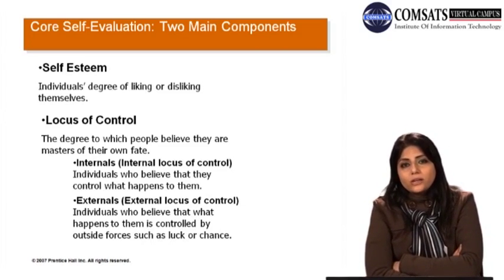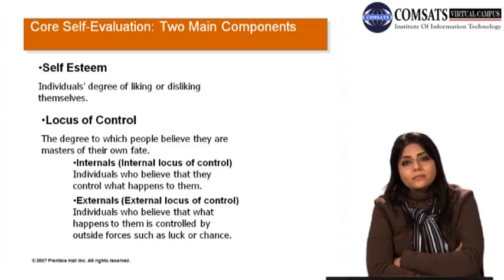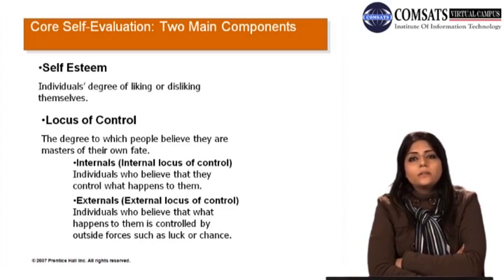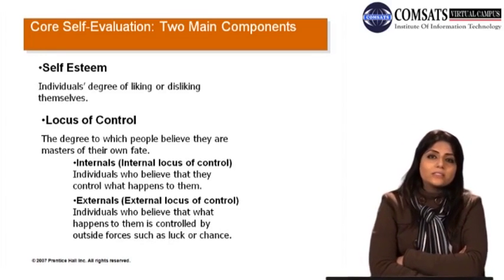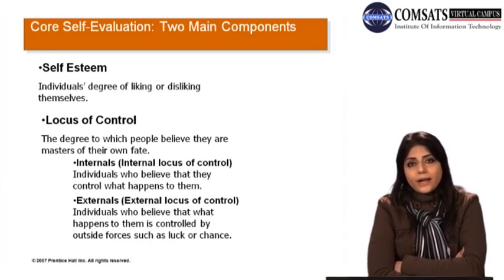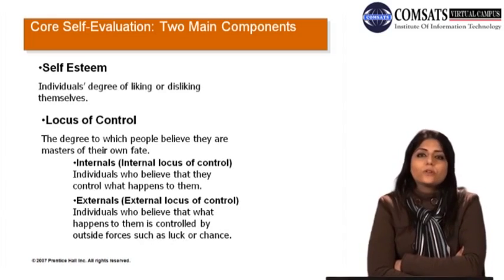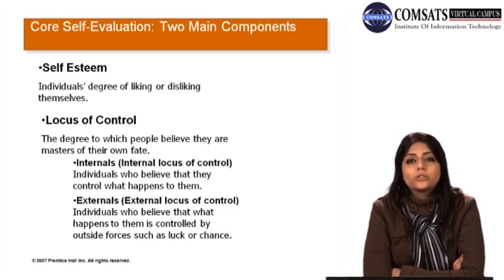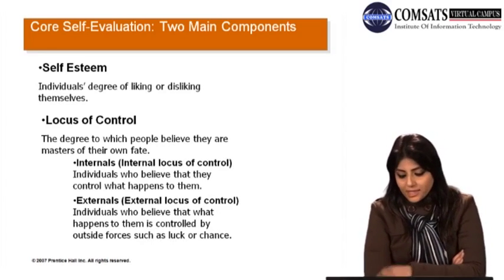The other outside factors, their job factors or their situational factors, they have a higher degree of control over them, and the externals believe the opposite. Externals believe that nothing is in their hand, it is in the hand of the outside environment, in the hand of their supervisors, in the hand of their co-workers, and not that they are in charge of their happiness and their well-being, etc.